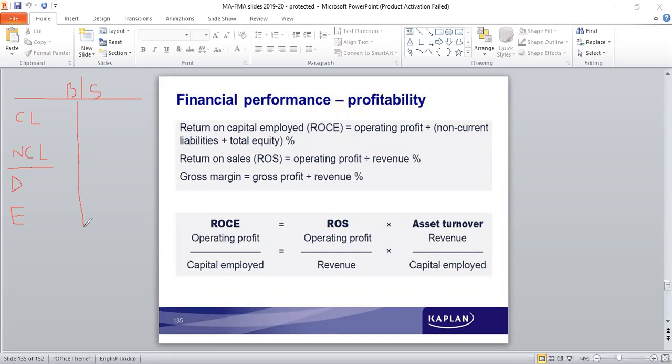After current liabilities and non-current liabilities, these are the sources from which the capital is raised. So we see net non-current liabilities, which includes debt capital and equity: non-current liabilities plus the total equity. Debt is also referred to as non-current liability or long-term liability.